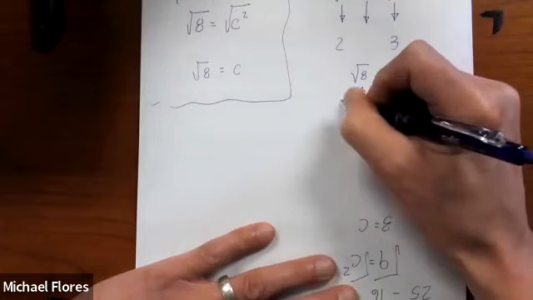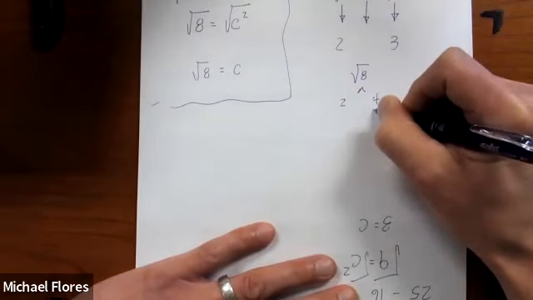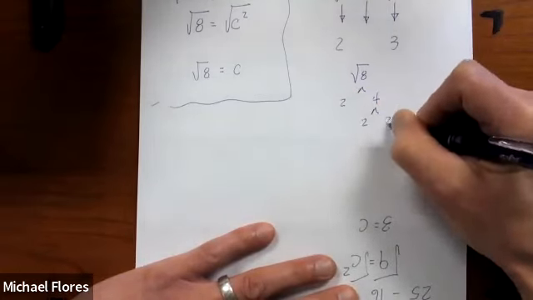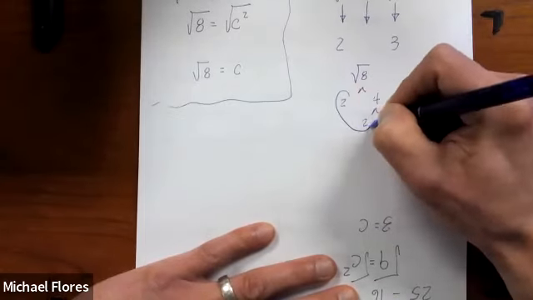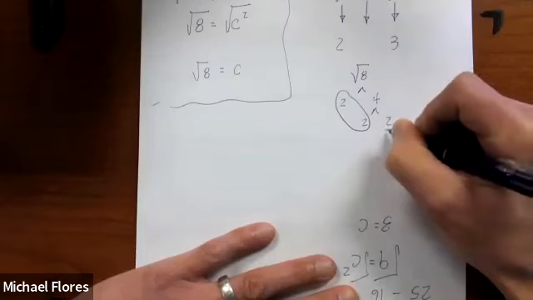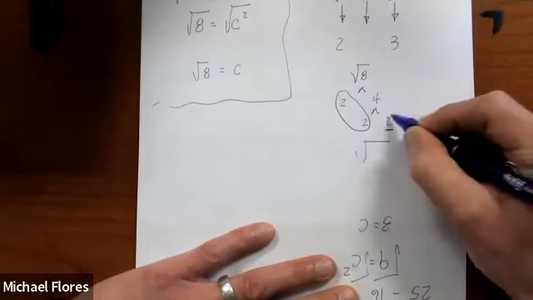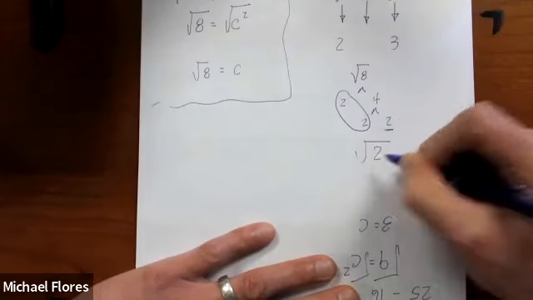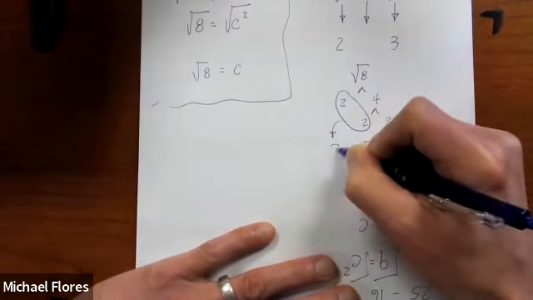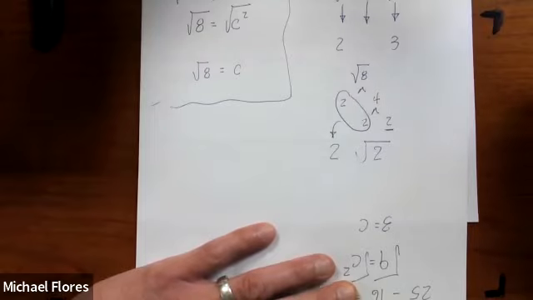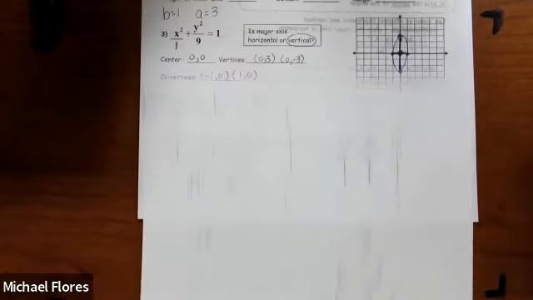Here's how I like to do it. I just like to divide by the lowest number possible. We now have nothing but prime numbers, so we're done. We're looking for pairs and what's left over. Anything that's left over goes back in the root, and whatever you have circled, only one number from that group gets moved to the outside. So this reduces to 2 root 2.